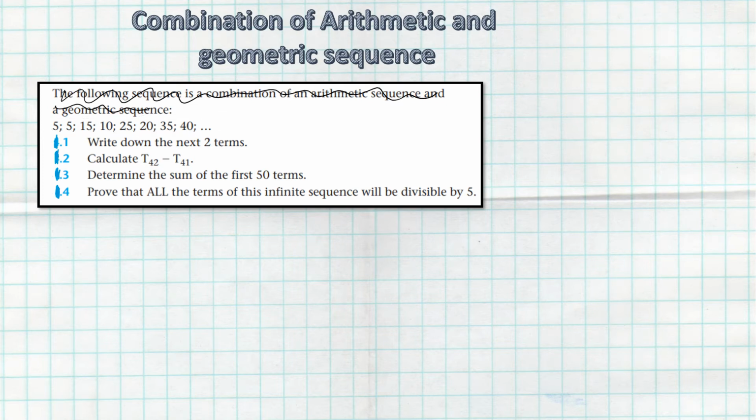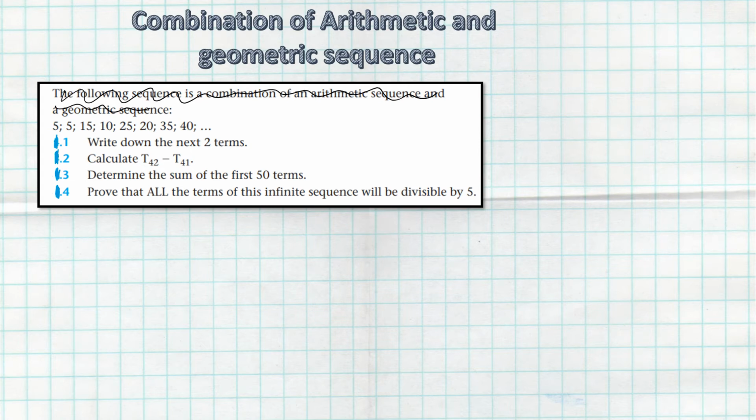What every learner has to do is first check, is this an arithmetic sequence? How do you check? You calculate the difference between the terms. If the difference is common, if T2 minus T1 equals T3 minus T2, definitely it's an arithmetic sequence. But if the differences are not common, it's not arithmetic, so you check the ratios.